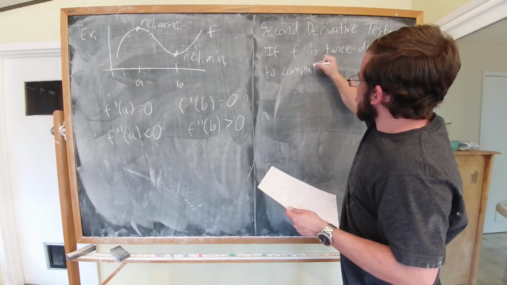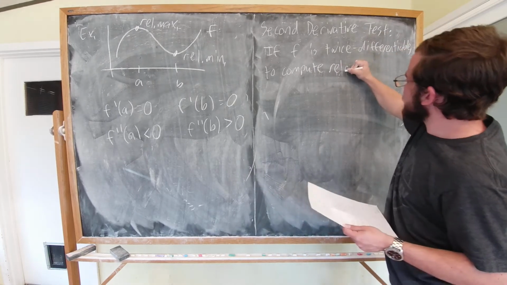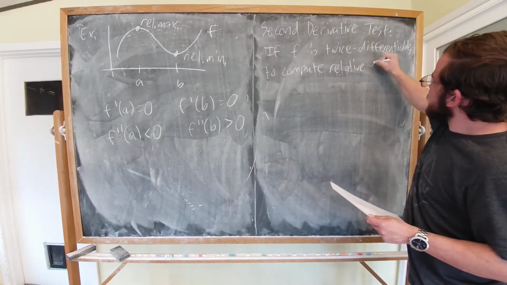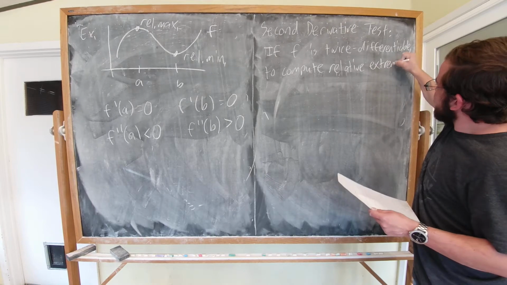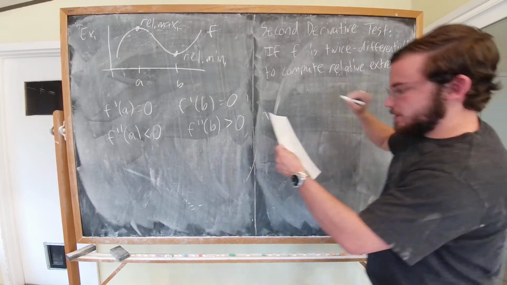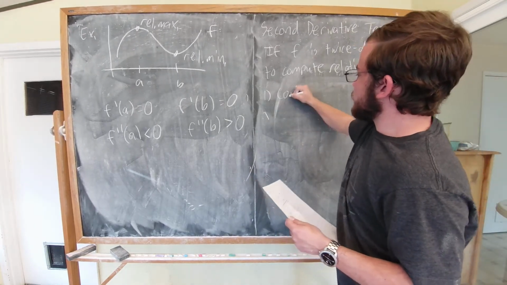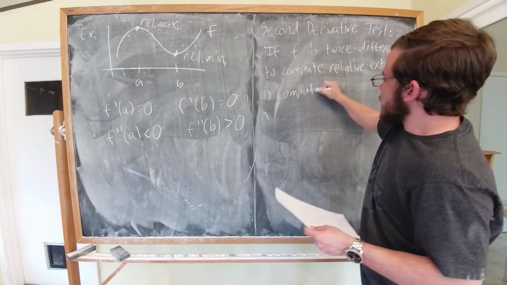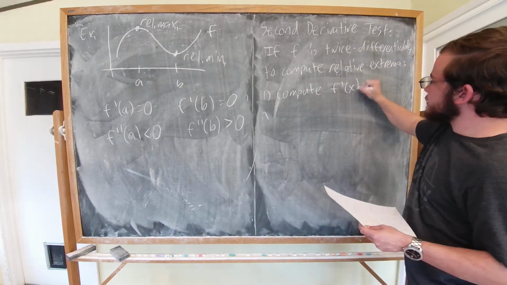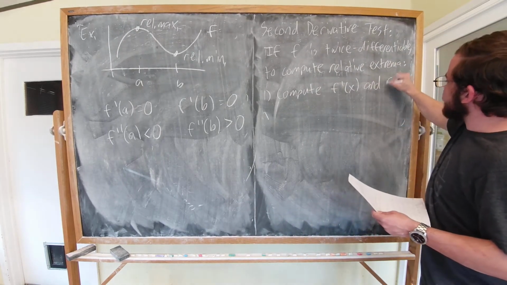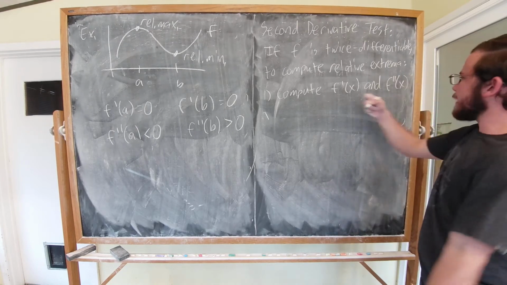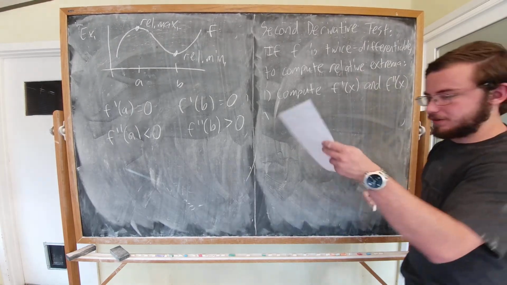To compute relative extrema, step 1, compute f prime of x and f double prime of x. Thankfully, you get this one all the way to that one.